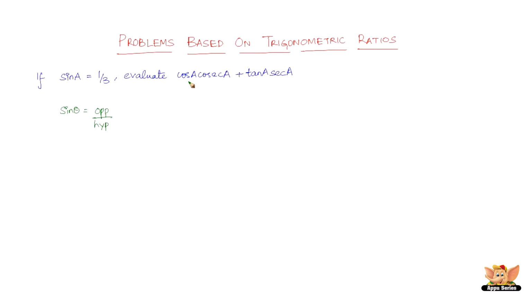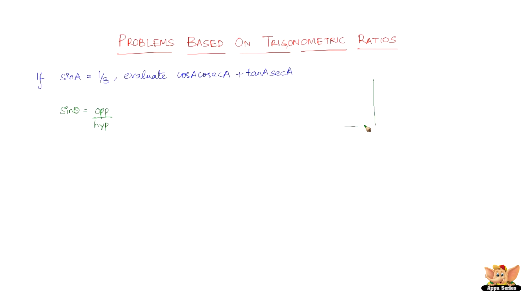Cosine is nothing but adjacent by hypotenuse, and tangent is nothing but opposite by adjacent. So we've got opposite and hypotenuse here, but we don't have adjacent, which is required to solve cosine and tangent. So the first step in this problem is to find the value of adjacent. So let's do that now.